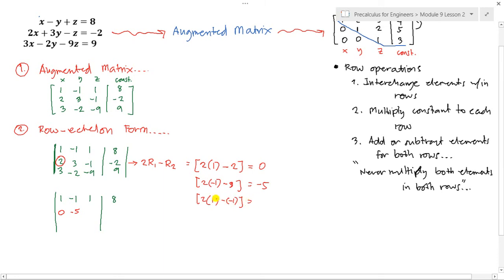What would be the answer? This is 2 plus 1, 3. Correct? Yes sir. Okay, 3. How about the fourth column, second row? It becomes 2 times 8 minus negative 2. This is 16 plus 2, 18. So put 18 here.